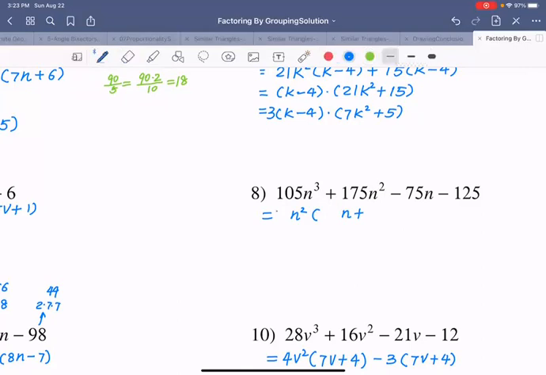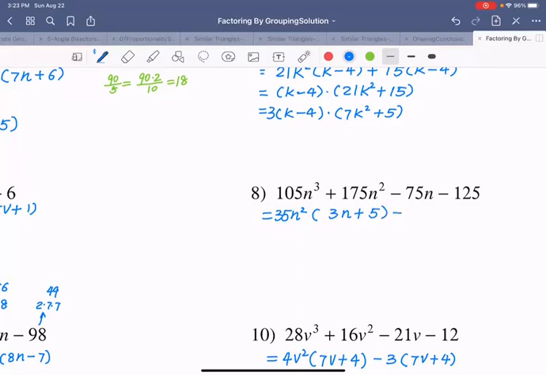Because this number is divisible by 5 and 7. This is divisible by 5 and 7. So I will take 35 out. How much is here now? 3. There you go. Plus 5, right? Yeah.